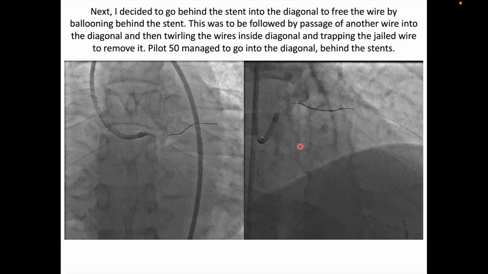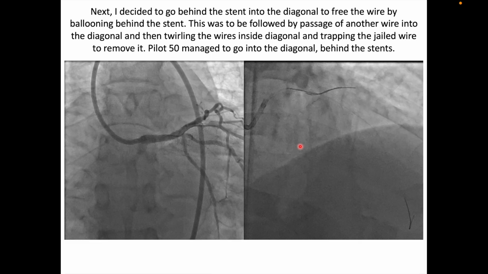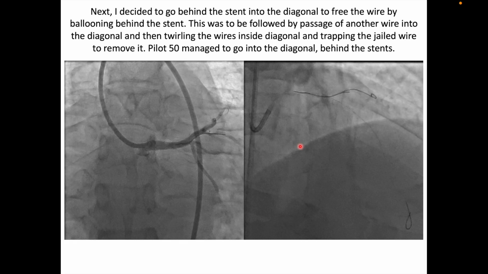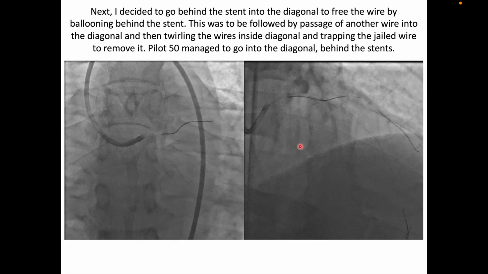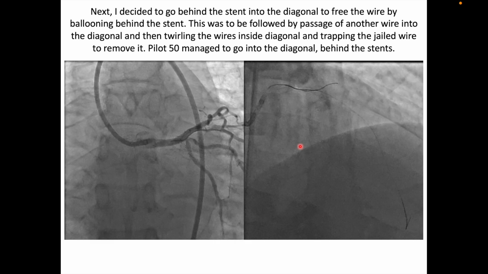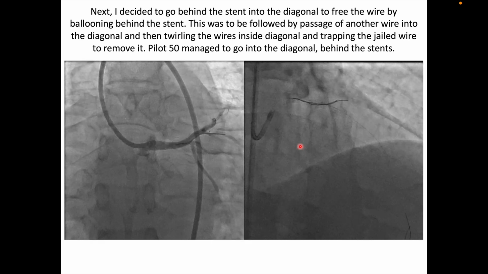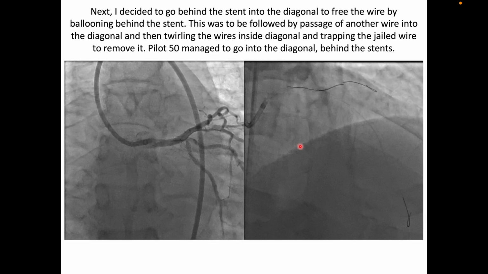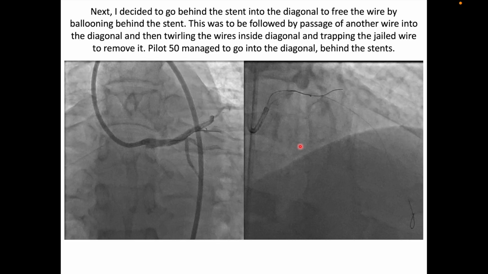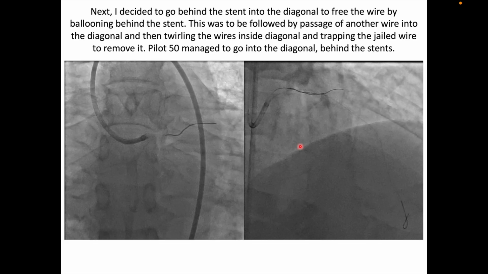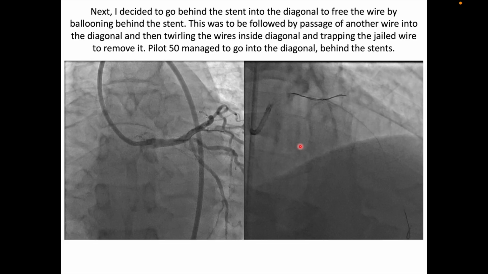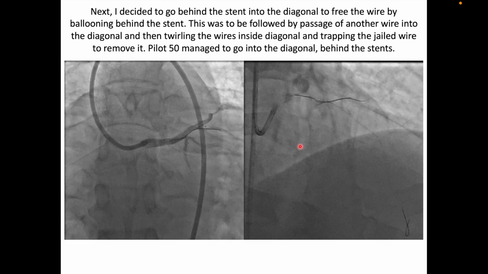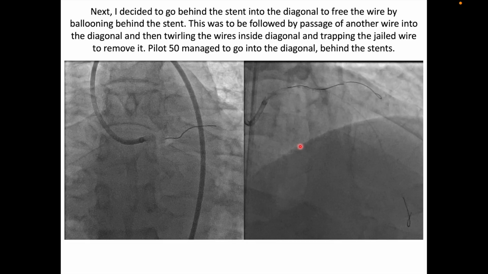So then we thought, okay, let's take a wire and go behind the stent struts and go into this diagonal. The purpose was that we will go behind this into the diagonal, and then we will take a small balloon and balloon behind this stent and create some space to loosen this jailed diagonal wire.